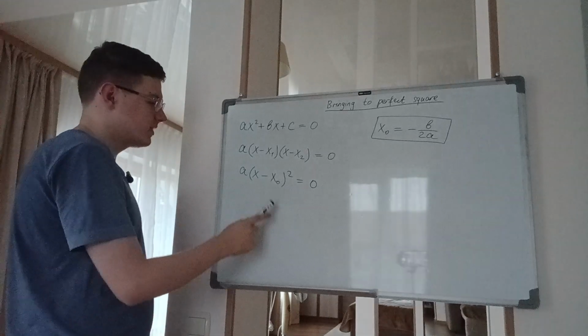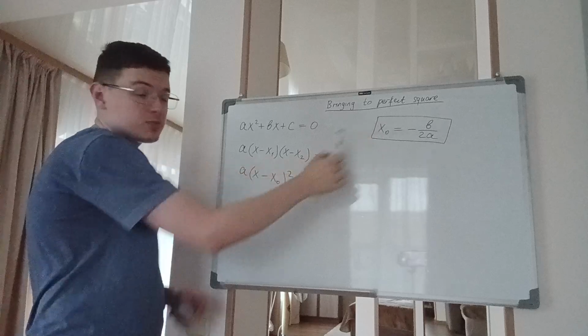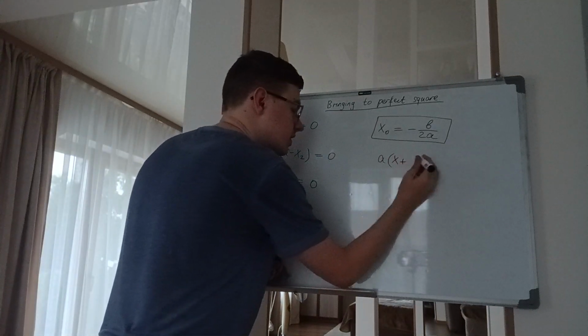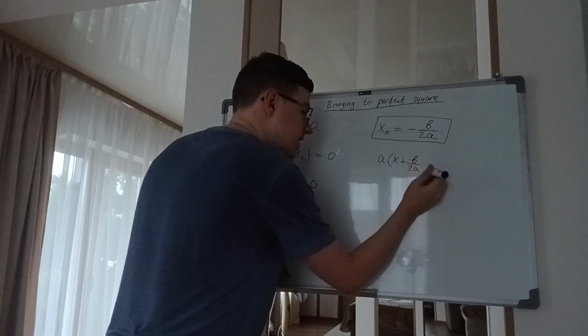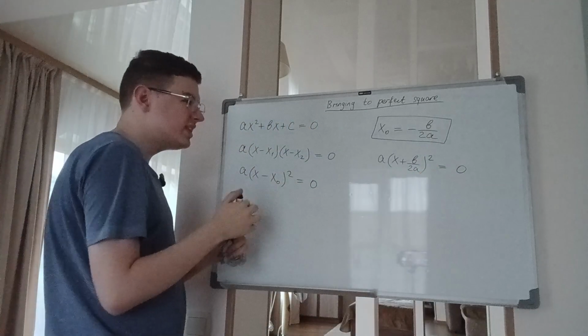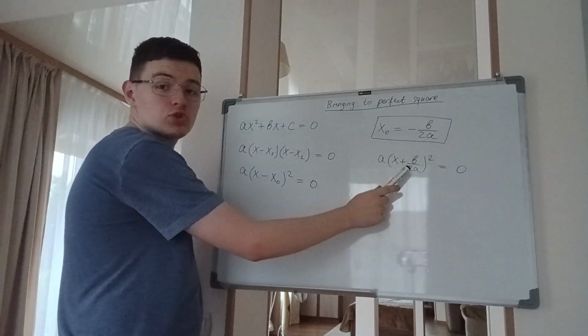So let's substitute this expression instead of x0, and we have a times (x + b/2a)² equals 0. So all we need to do is just add (b/2a)².